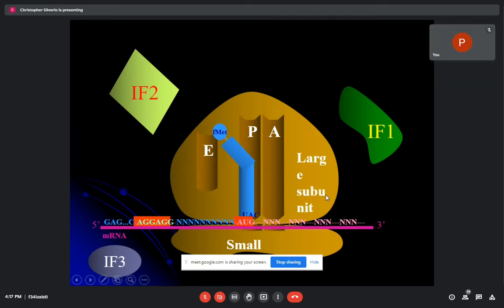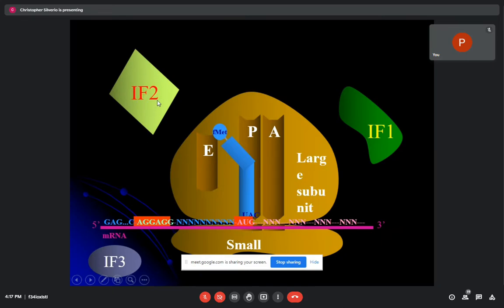Okay, so this is now the complete setup of the translation process, which involves the ribosomal RNA, the transfer RNA, and the messenger RNA.